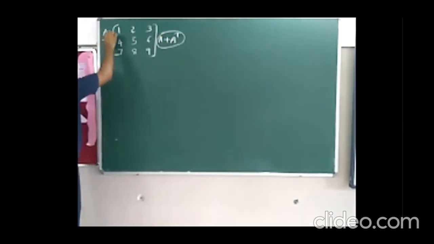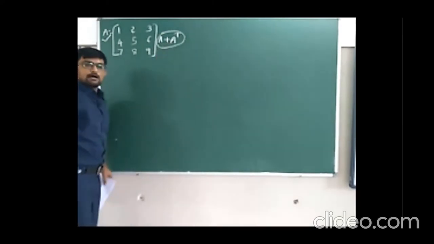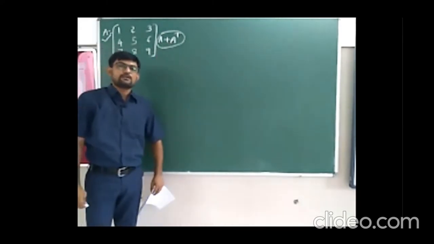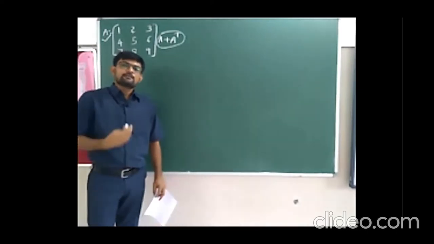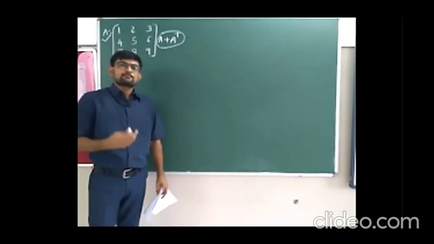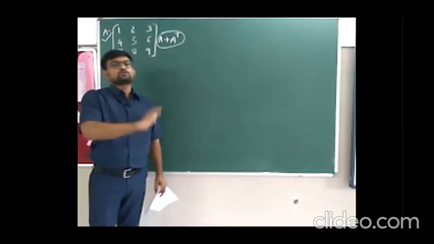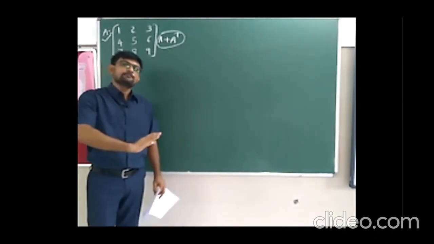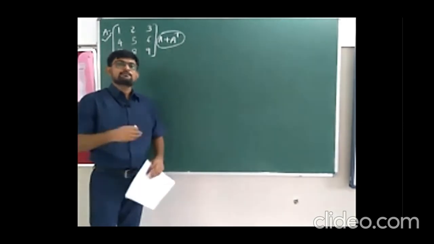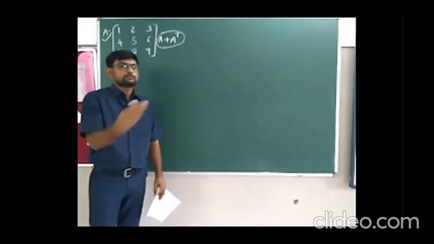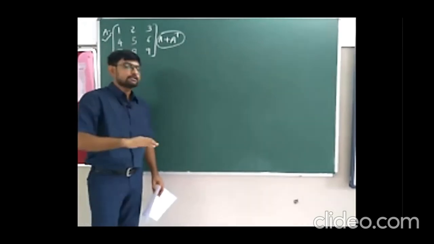Matrix A is already given, so we will first find A transpose. As per the definition, what is the meaning of transpose? Transpose is nothing but interchanging of rows into columns or columns into rows.